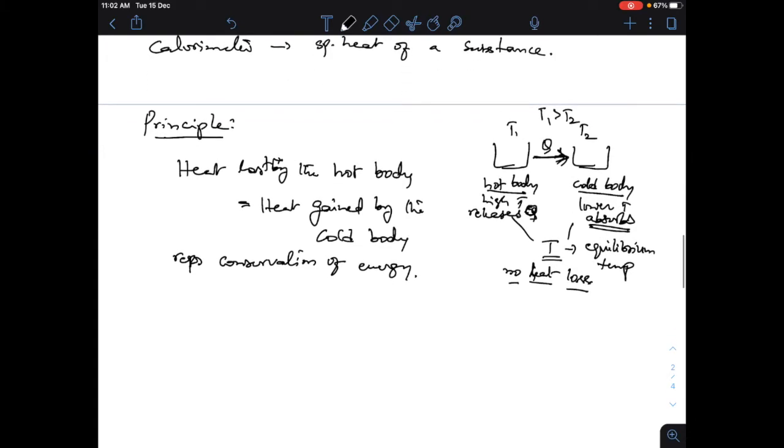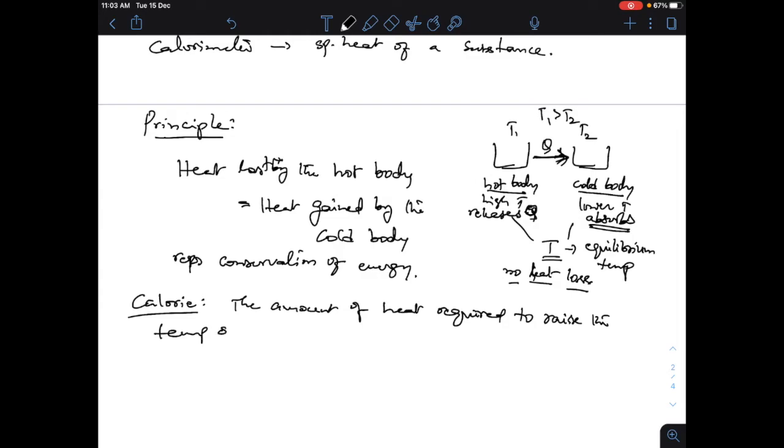Conservation of energy. Now, how do we define a calorie, the unit? It is defined as the amount of heat required to raise the temperature of 1 gram of water through 1 degree centigrade.